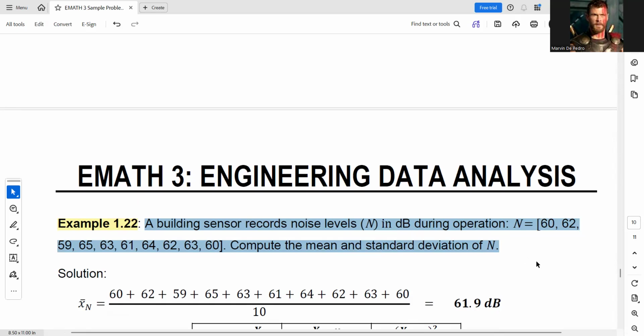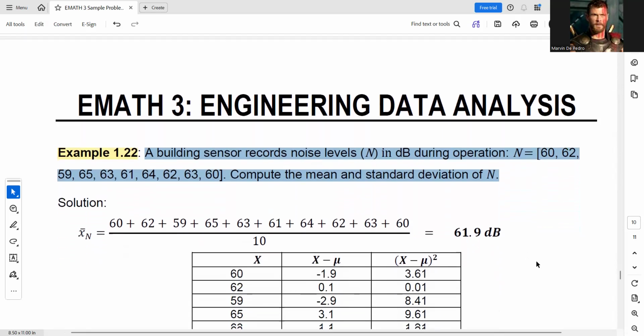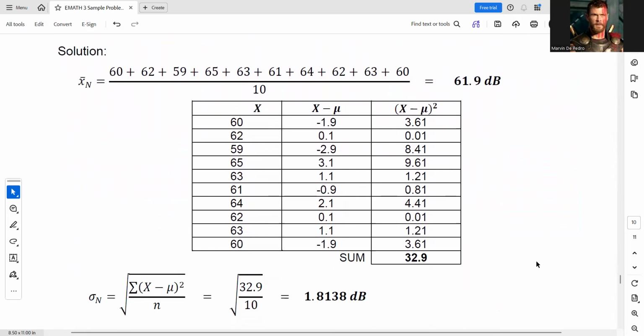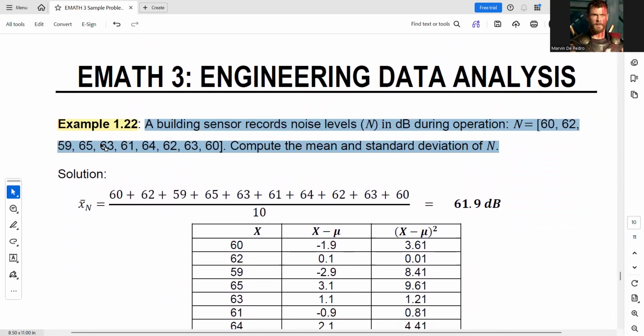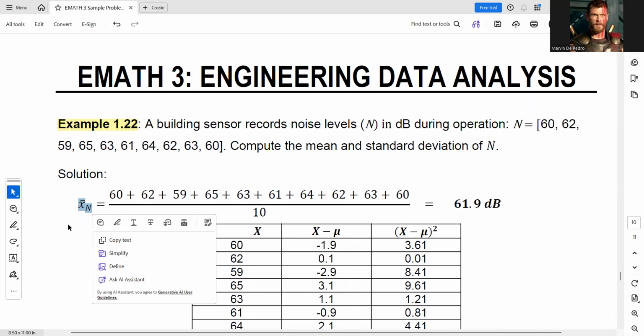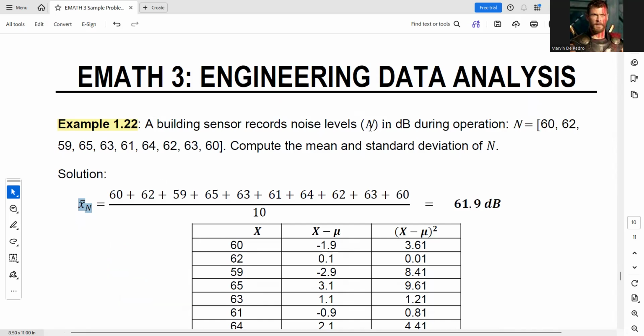For the standard deviation, we have to construct this table, because of the formula for the population standard deviation. Just in case you wonder why we consider this as a population, although supposedly the right symbol for this is mu, since we have letter N, I guess this is acceptable in a way.